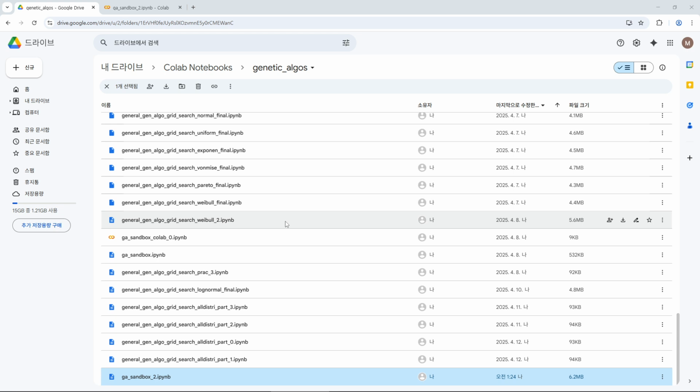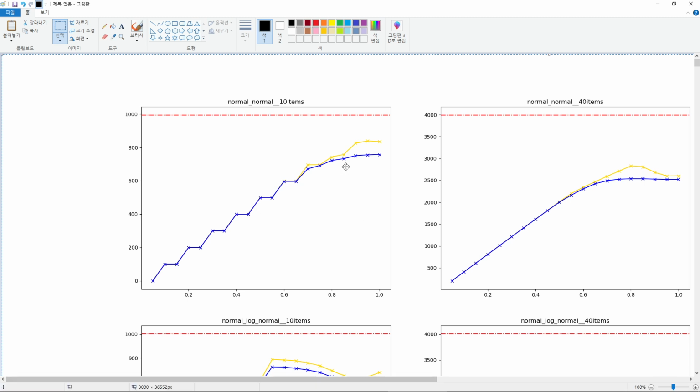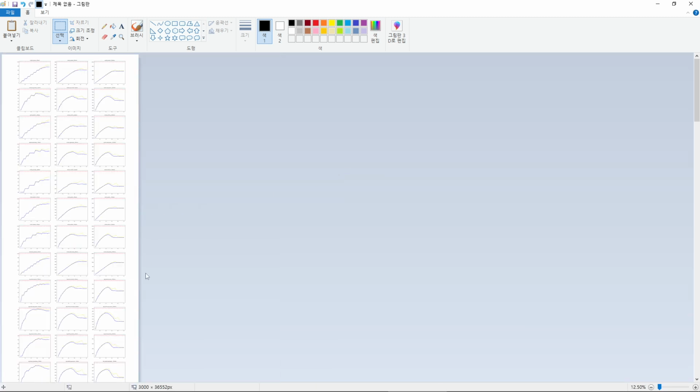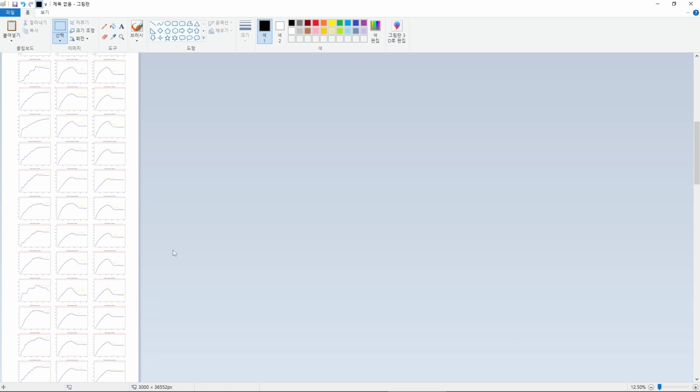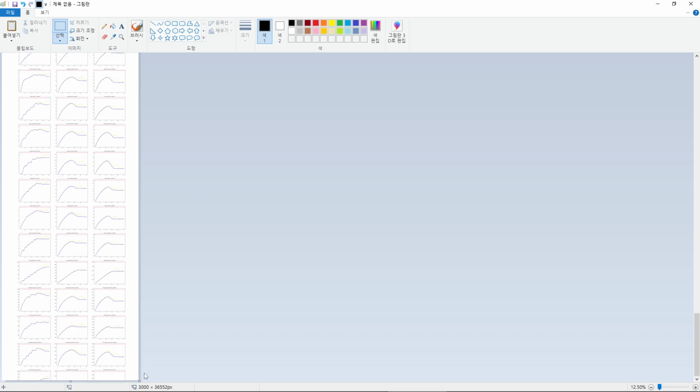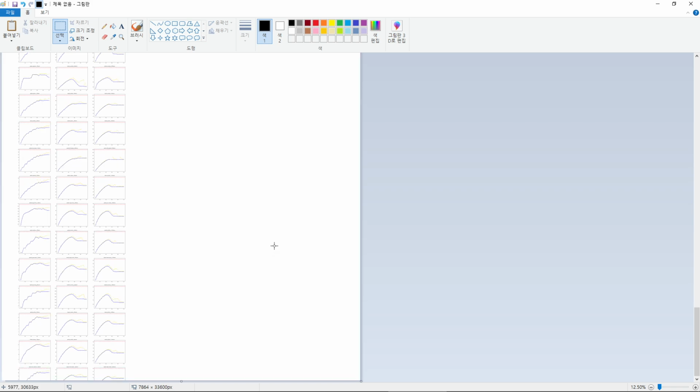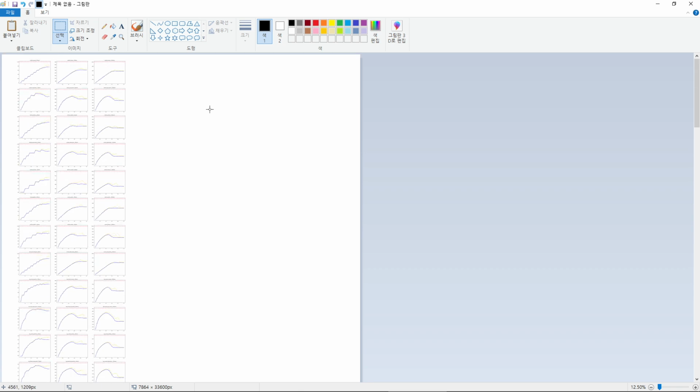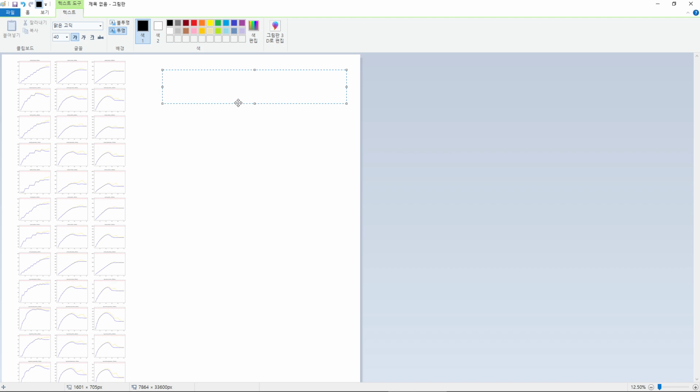I iterated through the 64 combinations. Here right now is like a spoiler, but anyway, I'm going to show it. So here are the 8 distributions, just as a reminder.